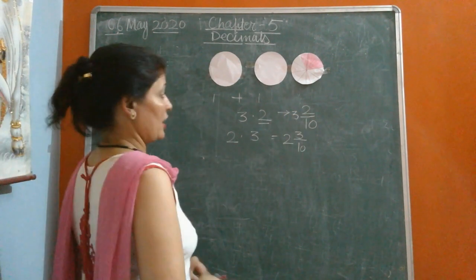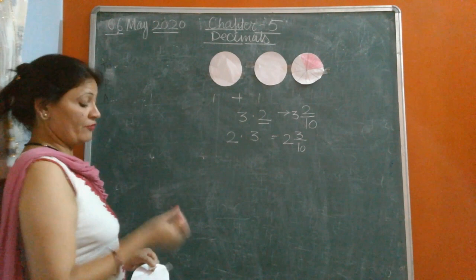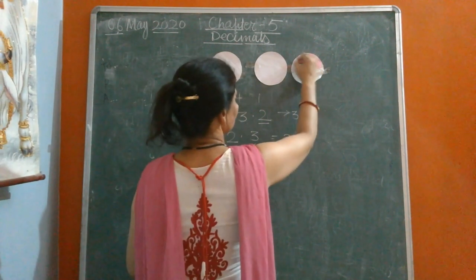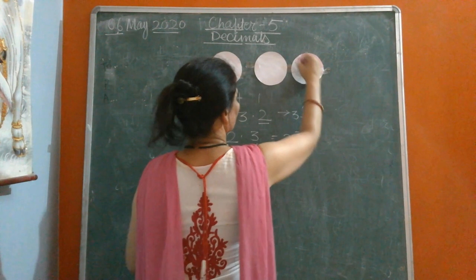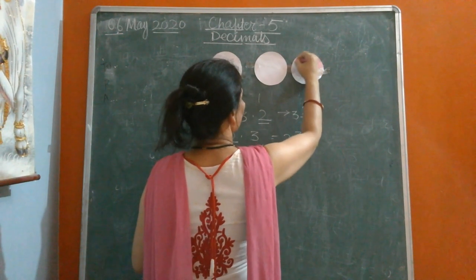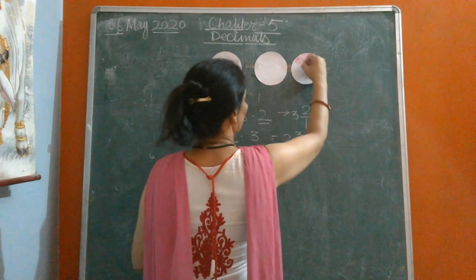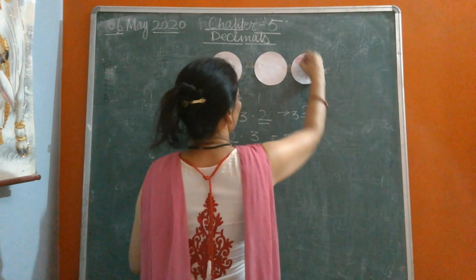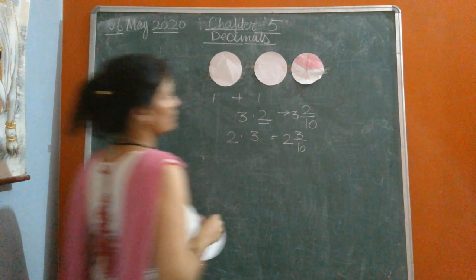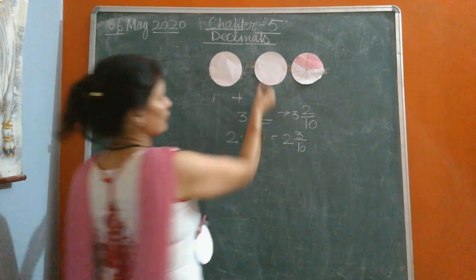So students, if we fill one more part of this circle, now how many parts are filled of 10 parts? Now 4 parts are filled.